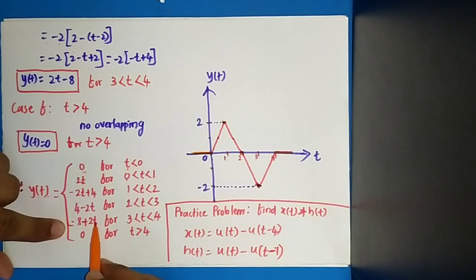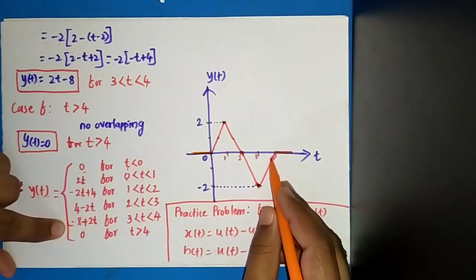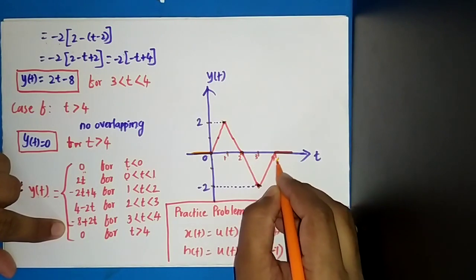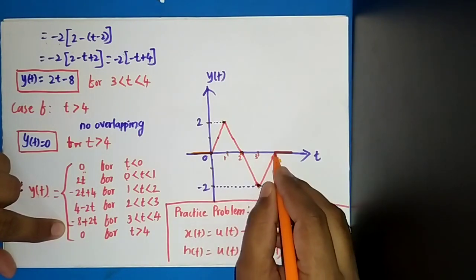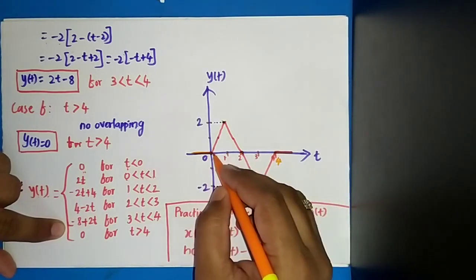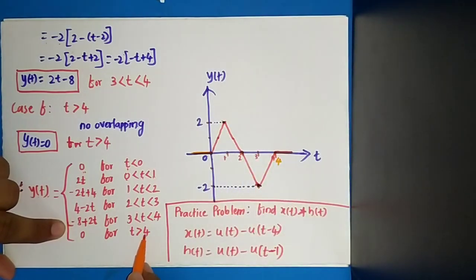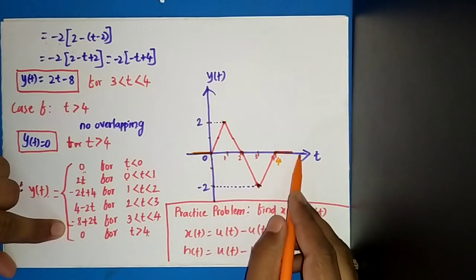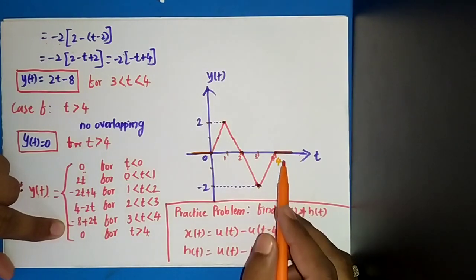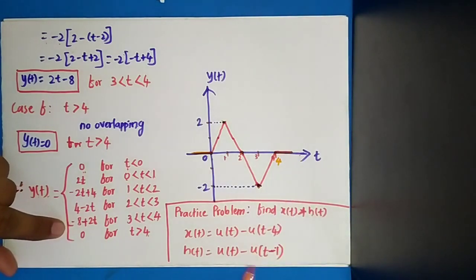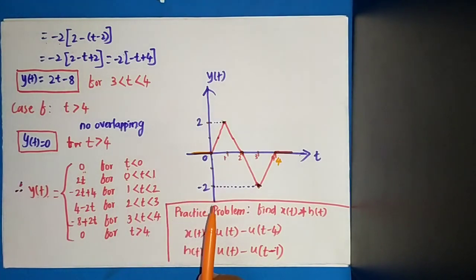So substitute t equal to 4, what will happen? It will again become 0. So at 4 it will again become 0. So like this you will get this curve, and for t greater than 4, it is 0, so it will be 0 forever.